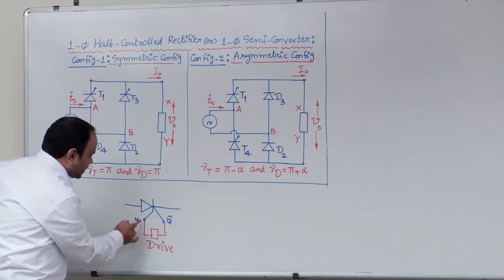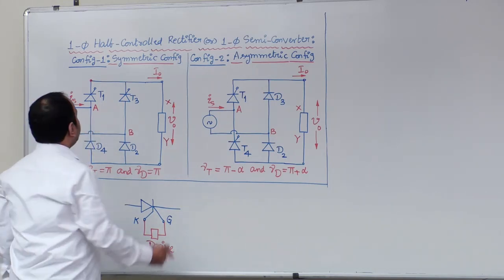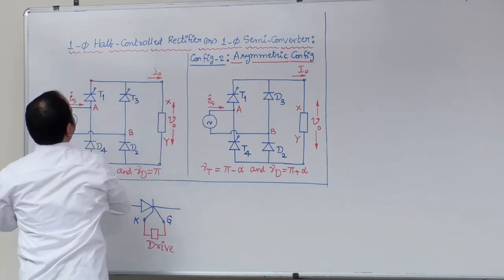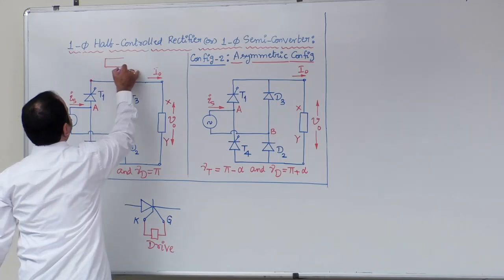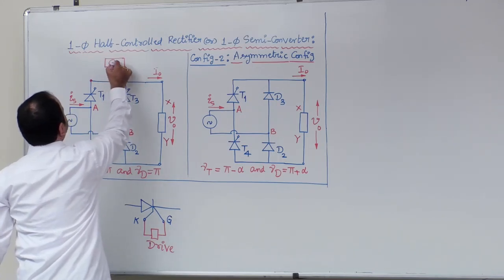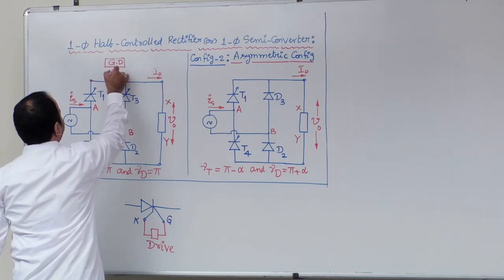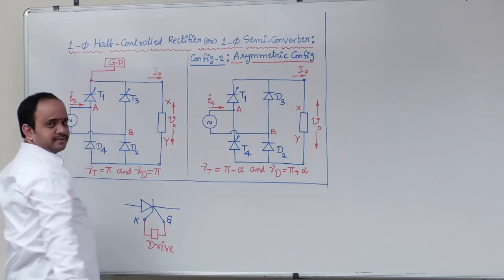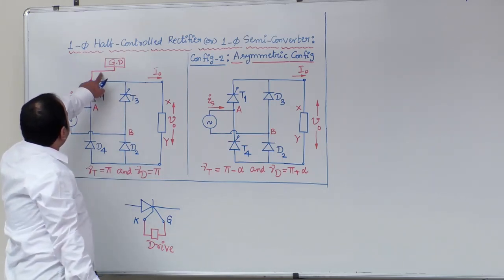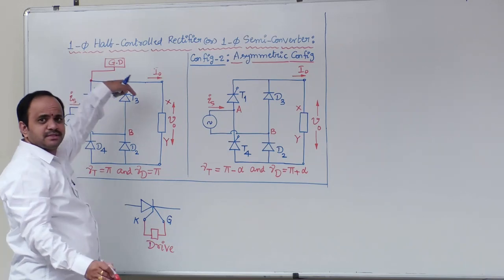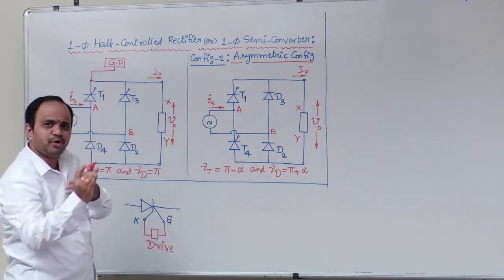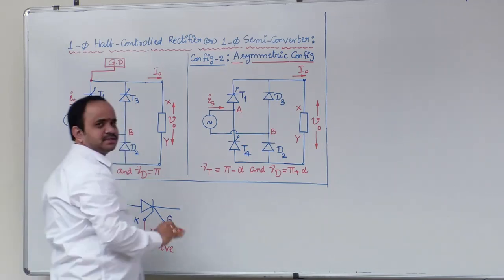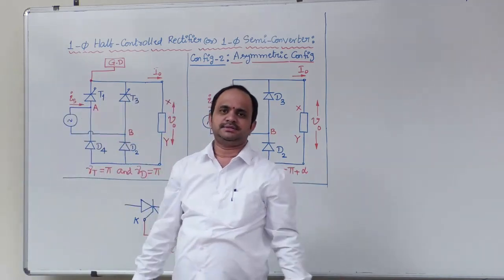Therefore, for these two thyristors, the cathode is common. Therefore, one particular gate drive circuit is connected to the cathode of the two devices, because the cathodes of the two devices are at the same point. One more point, T1 and T3, both devices are conducting in different intervals, isn't it?